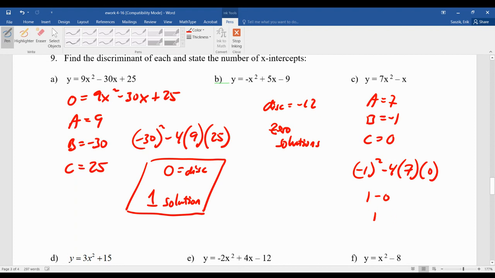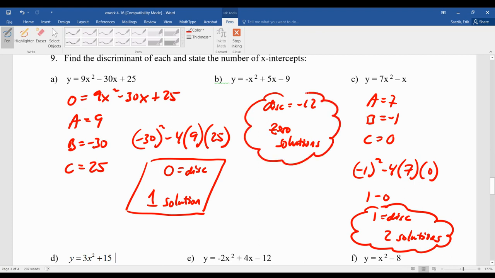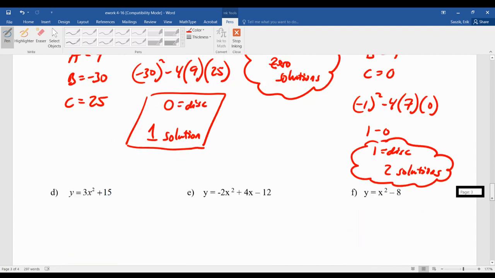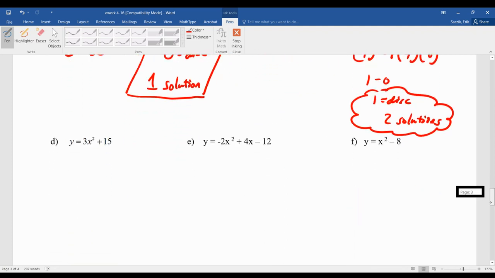We got a positive number. Okay, so that's our discriminant. And a positive number means 2 solutions, right? Okay, so sometimes your A, B, or C could be 0. Well, your B or C anyway.